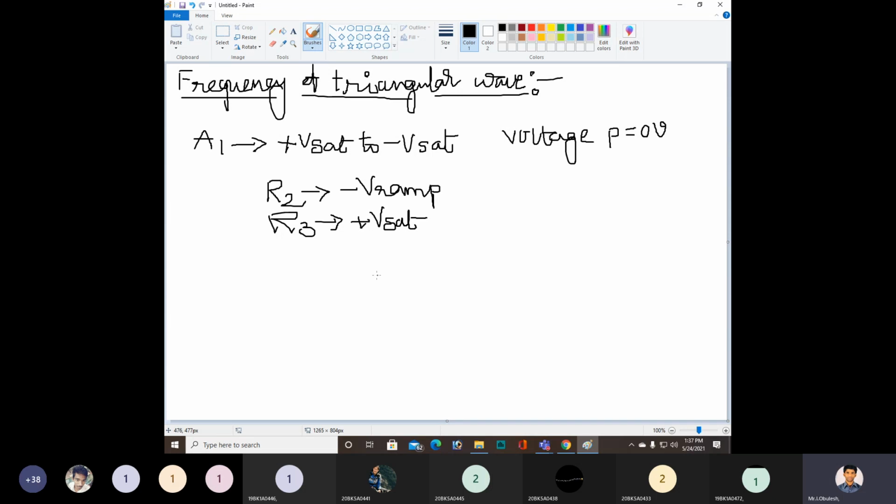Therefore, at point P, what is the voltage? Voltage divider rule, you need to apply that.